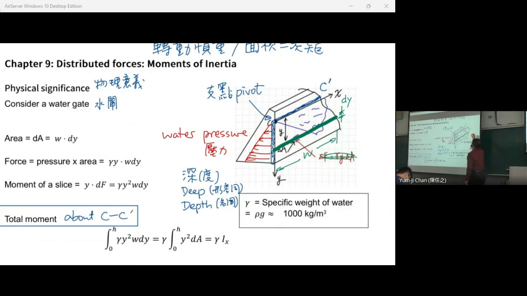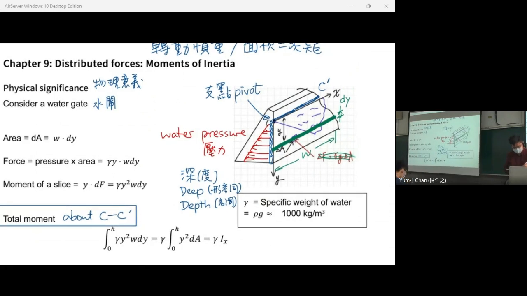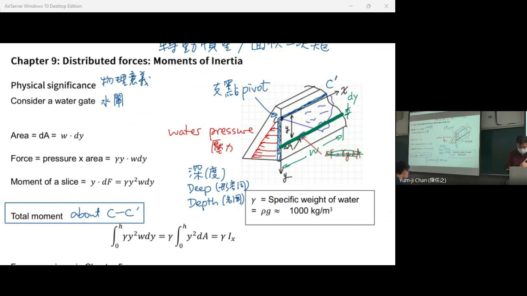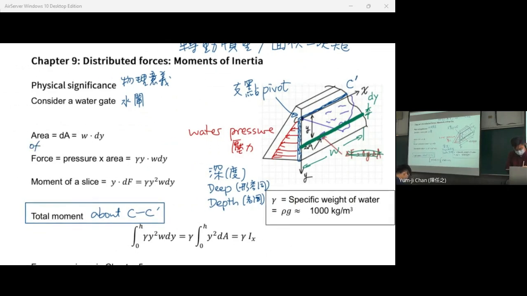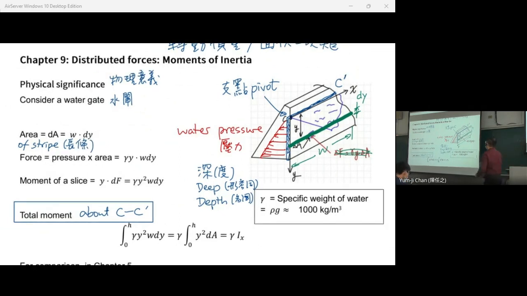We have a long stripe. The area of this stripe is W times dy. Is that okay?